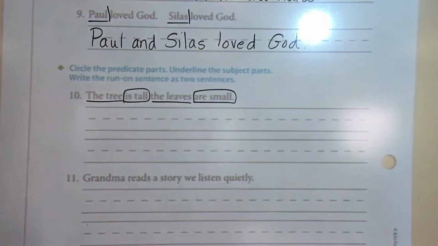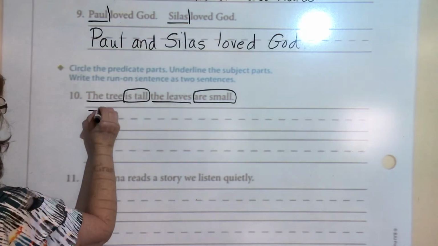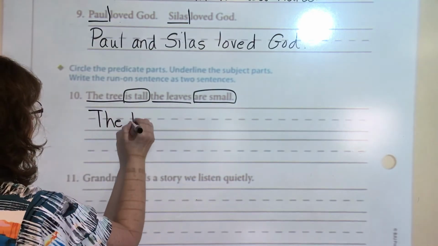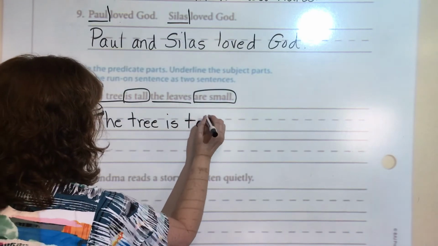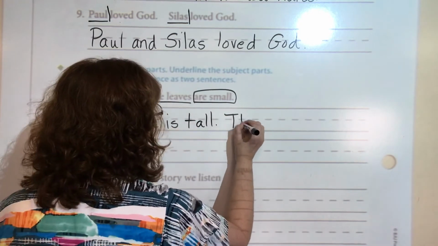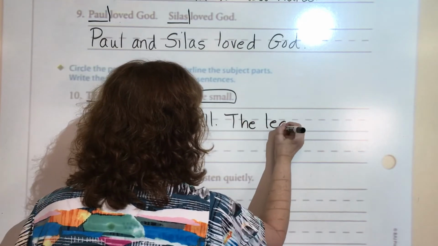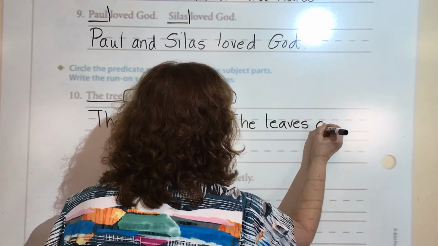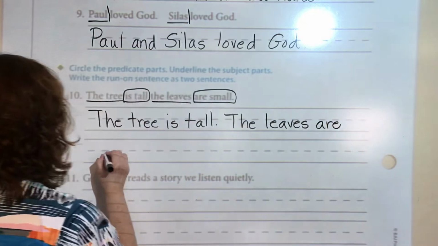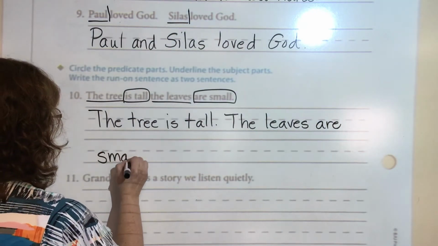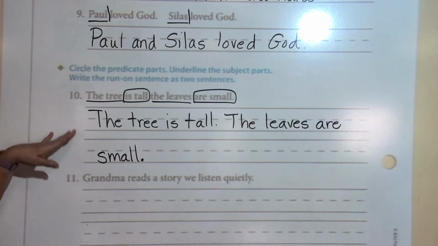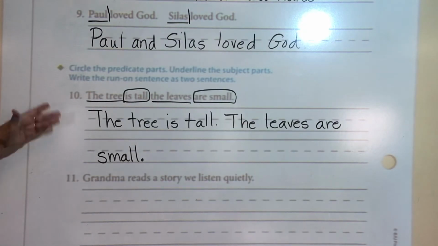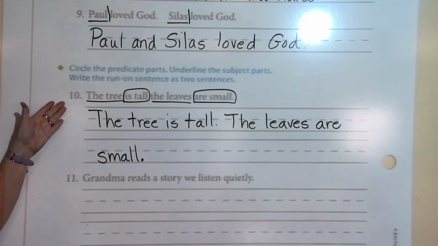Then we're going to write these two as 2 separate sentences. Okay, so now we have 2 separate sentences instead of one run-on sentence that has two different ideas in it.